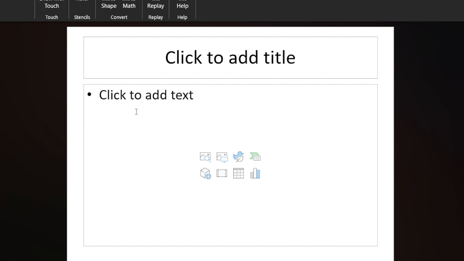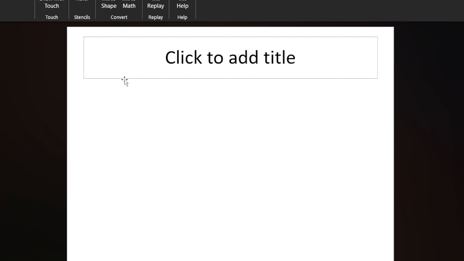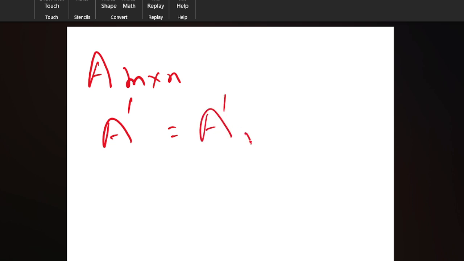Suppose we have a matrix A of order m by n. Then the transpose A dash will be a matrix of order n by m, because we are changing rows to columns and columns to rows. So the number of rows m becomes the number of columns, and the number of columns n becomes the number of rows.